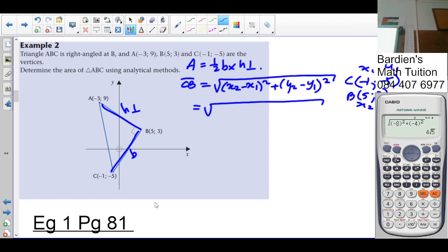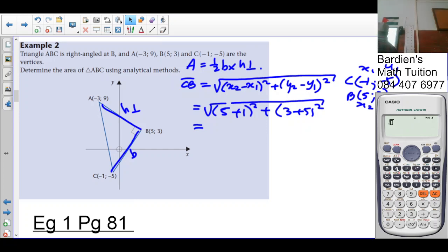So it's going to be x2 is 5 minus negative 1 squared plus 3 minus negative 5 squared. Okay, so that gives us the square root of 6 squared plus 8 squared. Gives you an answer of 10. So this length is 10.